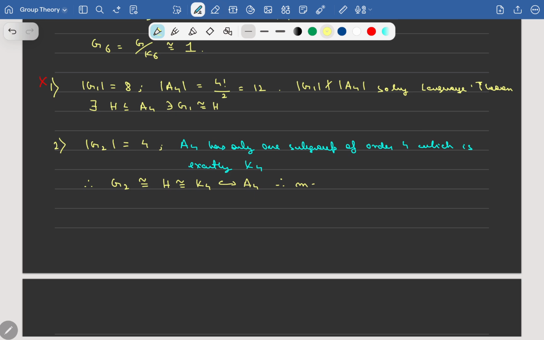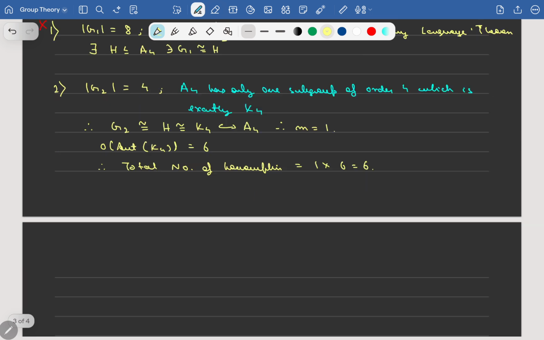So therefore here M is equal to 1. And then what is the order of the automorphism group of K4? The automorphism group of K4 is actually of order 6. So the total number of homomorphisms here is equal to 1 times 6, which is 6.